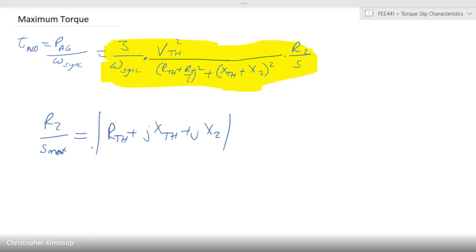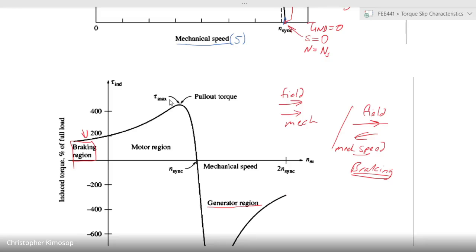When these two are equivalent, you have maximum power transfer. Remember, in the characteristic we are looking at this particular point: what is the slip at this point?